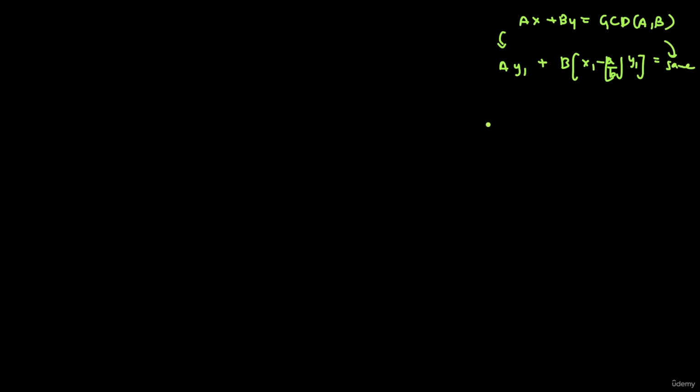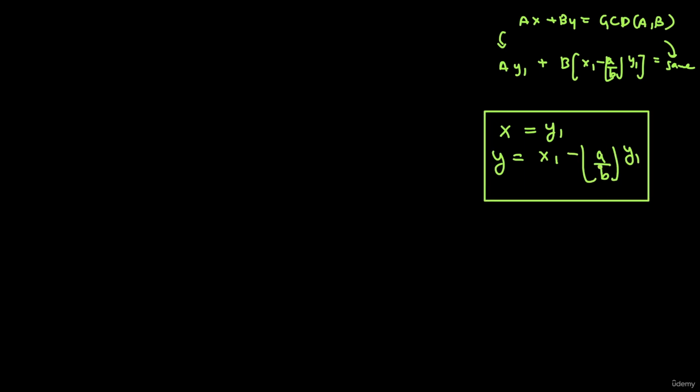So we derived this result that in the parent equation the value of x is equal to y1 and the value of y can be written as x1 minus a by b into y1. This is what we called the result, and now we need to see how this result is helpful and how it can solve this particular equation.